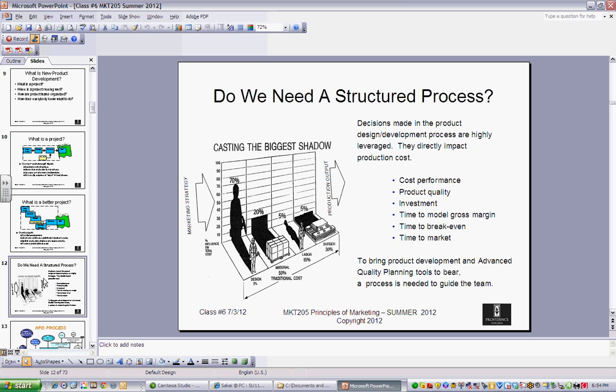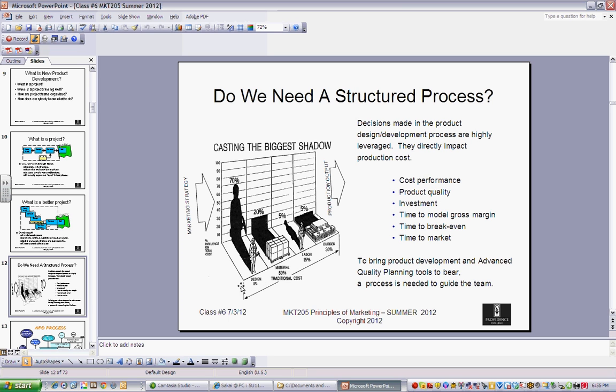This slide is a pretty important slide. There's actually a discussion board question on this slide. It talks about the influence of what happens in the design phase of a product. In terms of traditional cost, most of the money that goes into bringing a product to market is the materials and the labor that goes into building it, the factories and the elements that go into supporting that as well.